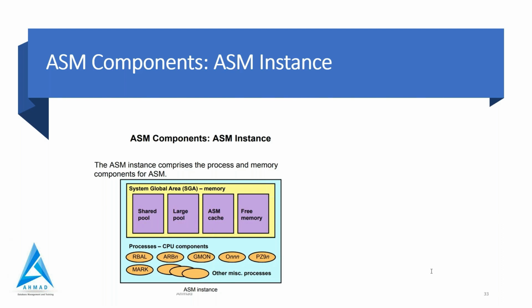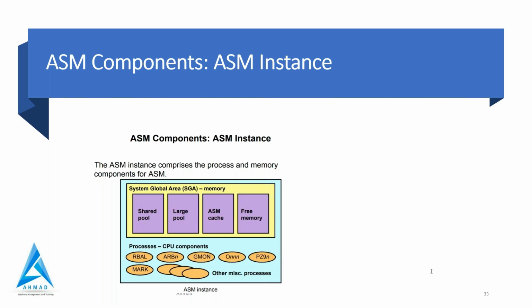Here we have the shared pool, which is used for metadata information, and the large pool, which is used for parallel operations. The ASM cache is used for reading and writing blocks during rebalance operations. Please remember that.